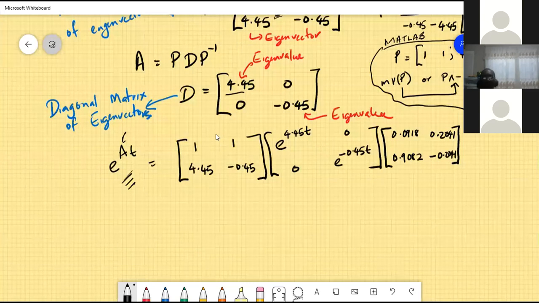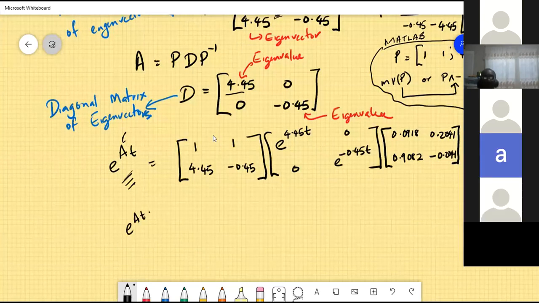And we can multiply this out and get a value for e to the at. What about a to the 10, a to the 20?